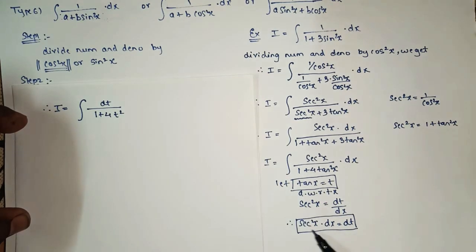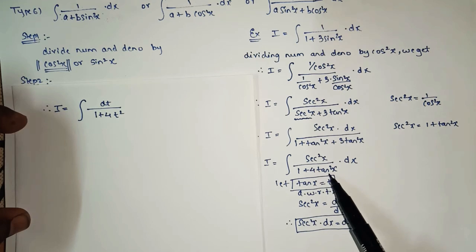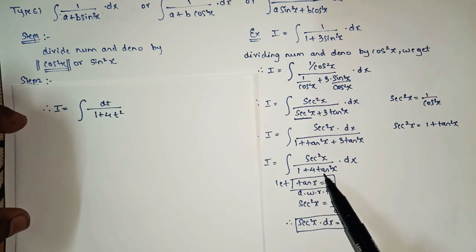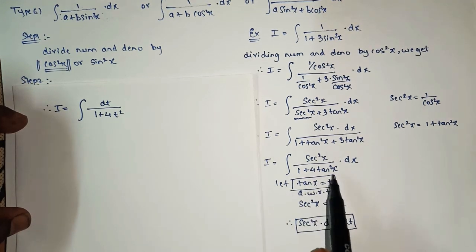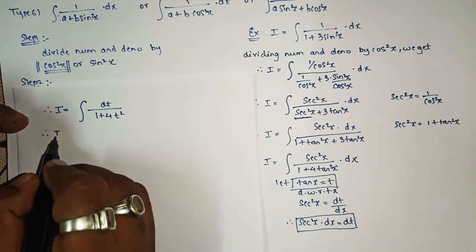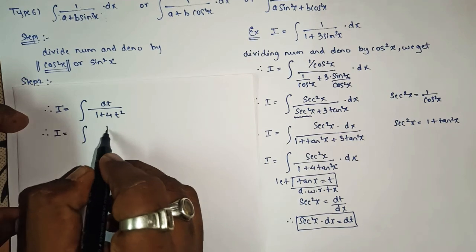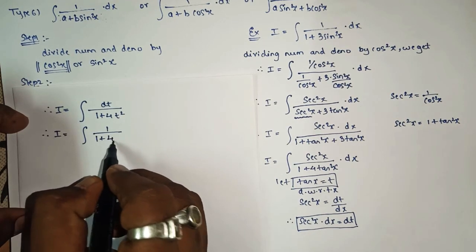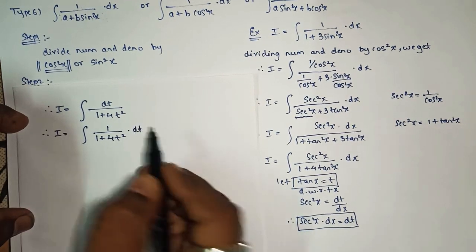Here tan square is there, so this will get converted into 1 plus 4 t square. So further we can write this as 1 upon 1 plus 4 t square into dt.